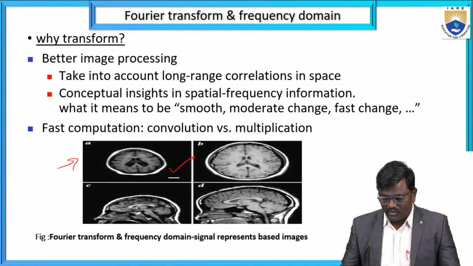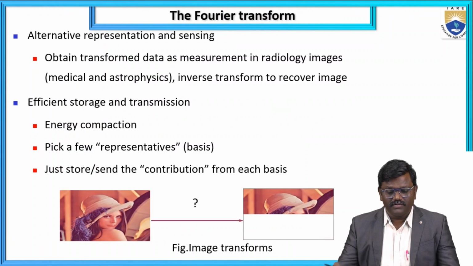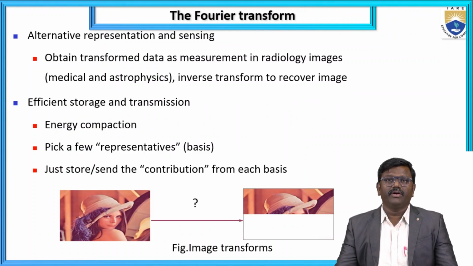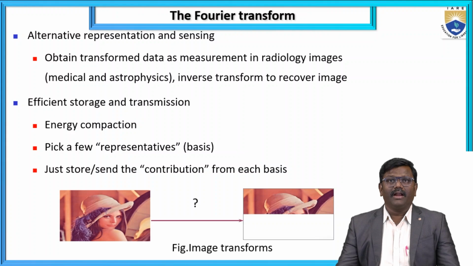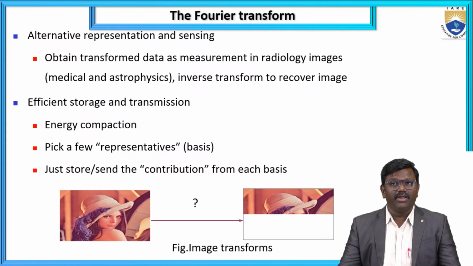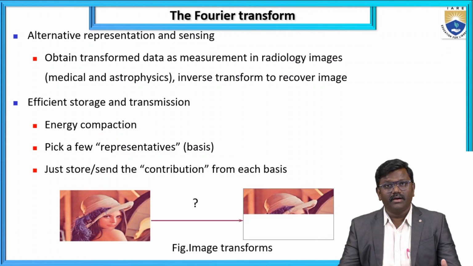So let us go into detail about this image processing, which we want to understand in terms of alternative representation and sensing. The transformation which we are applying here is on data as a measurement in radiology images, or data which we collect or acquire from the medical field, and also in astrophysics.